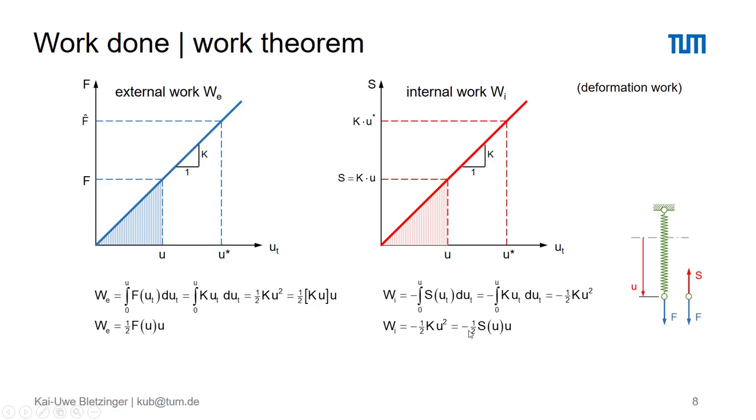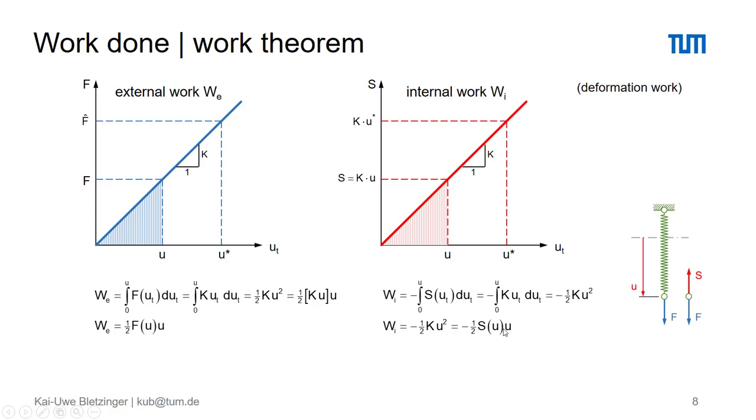And why is it negative? You see it from here, again by the section method. The internal force is in opposite direction to the external force to guarantee equilibrium. And quite obviously, the internal force is in opposite direction to the displacement. And because of that, the work done by S must be negative.